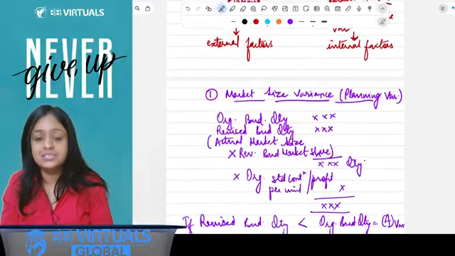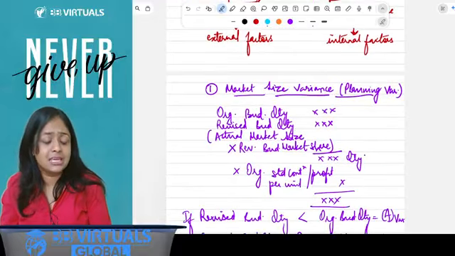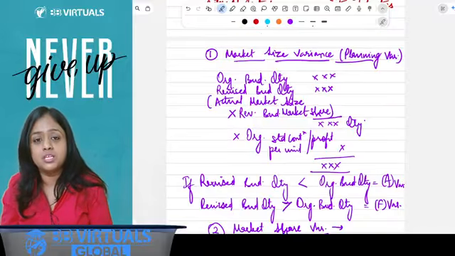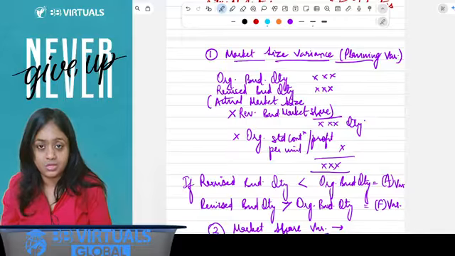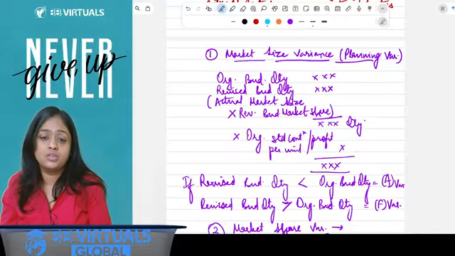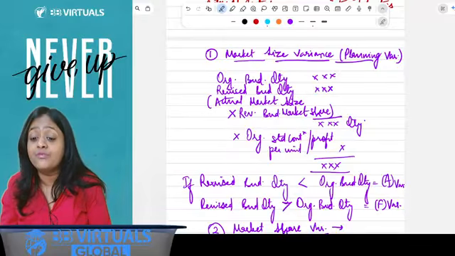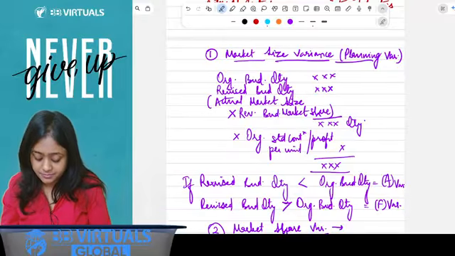Now, what is market size variance? The logic remains the same: you take the comparison between the revised budgeted quantity and the original budgeted quantity. If your revised is more than the original, it's a favorable variance.